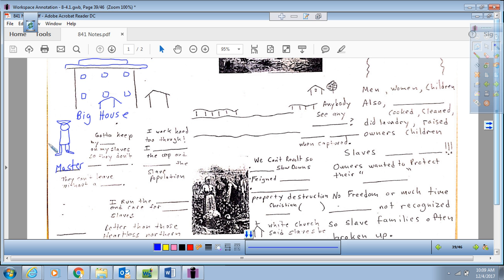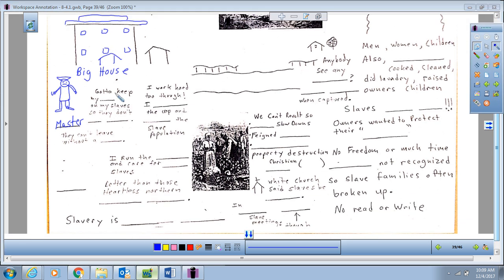Now, this is about different roles of the master and mistress. Oh, I gave it away. I can't put a smile on the master's face. It just seems wrong. Although he probably was happy because he had a lot of money. So, now the slave cabins were right next to the big house. Why?